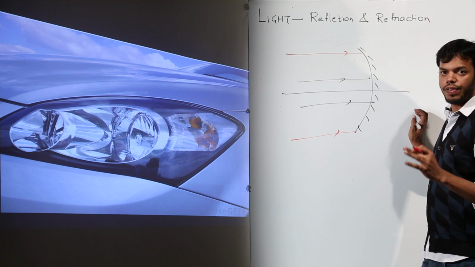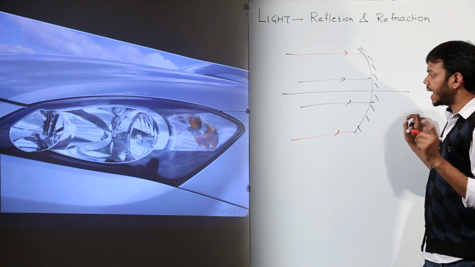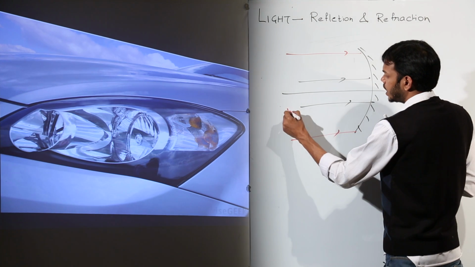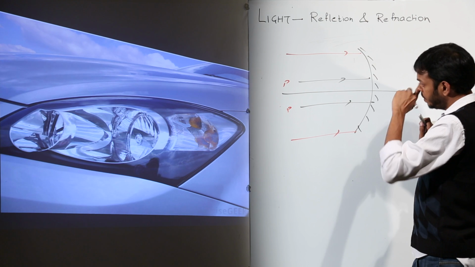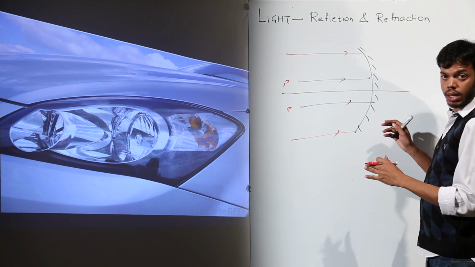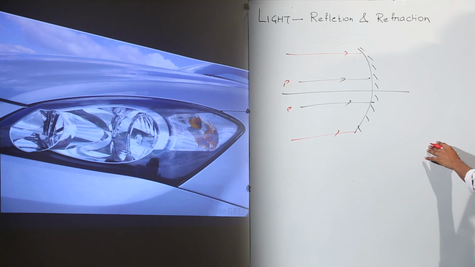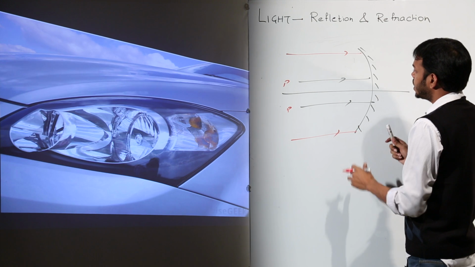These rays are termed paraxial rays and marginal rays. Paraxial rays are those rays which are very close to the principal axis, whereas marginal rays are those rays which are very close to the margin of the mirror.